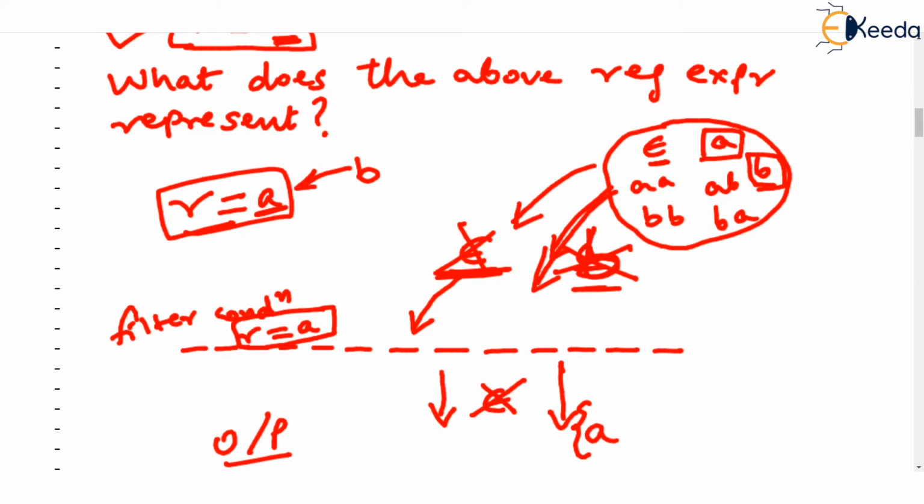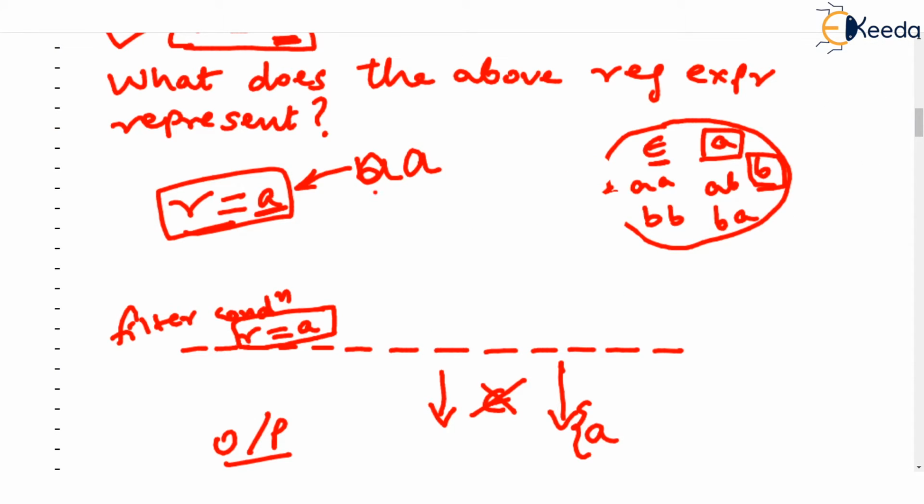What about AA? Come again, think about it. What about double A? That's also a string, isn't it? Will double A pass the test? Think about it. No, double A won't pass the test. Why exactly won't double A pass? Because if you consider this string double A and we pour it on this filter, will it pass the test?